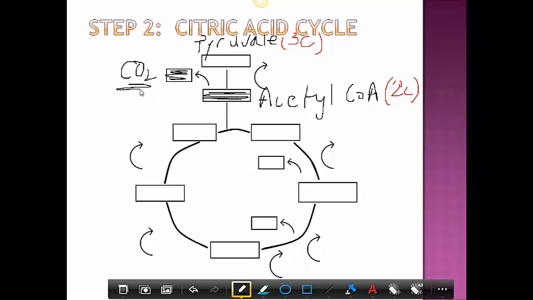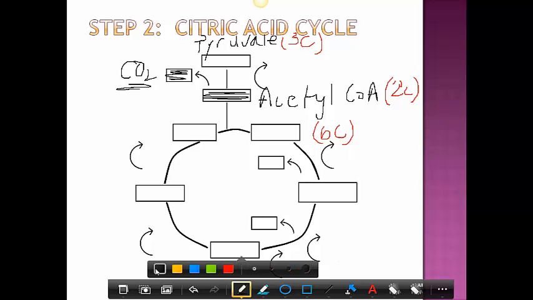Alright, so we now have a 2-carbon molecule called acetyl-CoA that goes into the matrix, joins with a 4-carbon molecule, which we'll talk about a little bit later, to make a 6-carbon molecule. So this box to the left of my 6 carbons is a 6-carbon molecule we call citric acid.